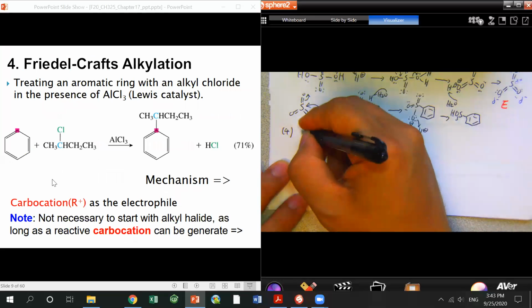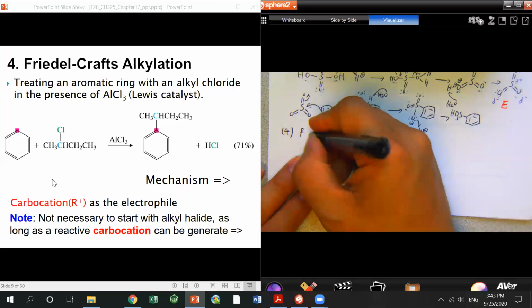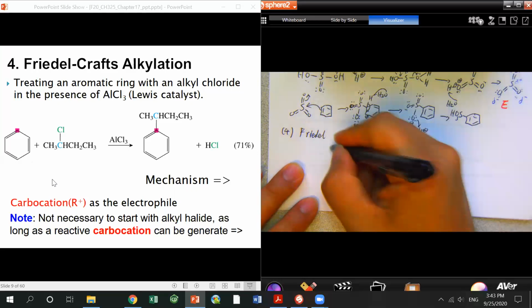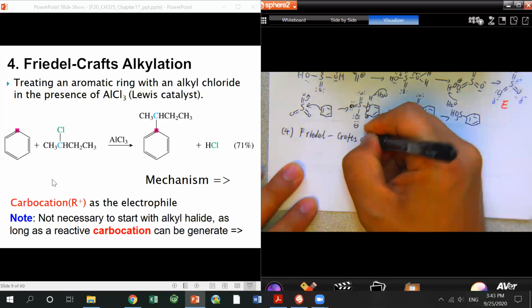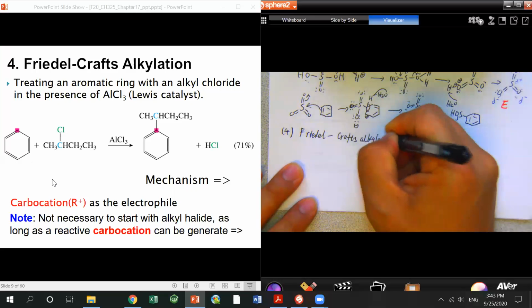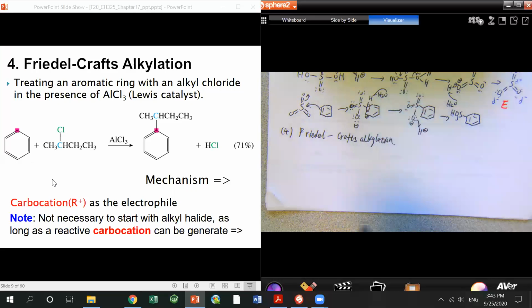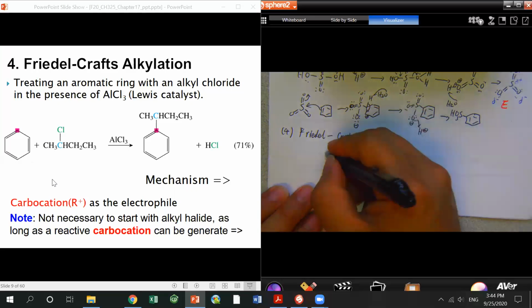That's called the Friedel-Crafts alkylation reaction. That's a named reaction. Alkylation is pretty much putting an alkyl group on benzene. For alkylation reactions, maybe I still draw the general reaction.